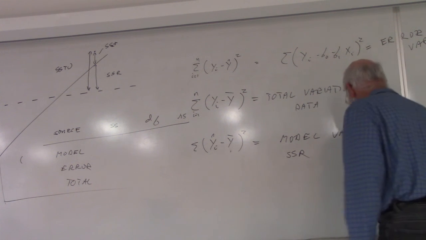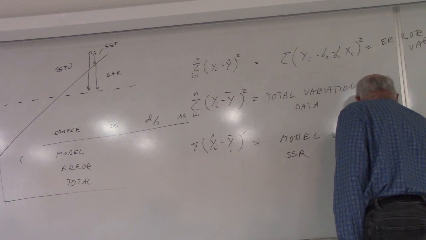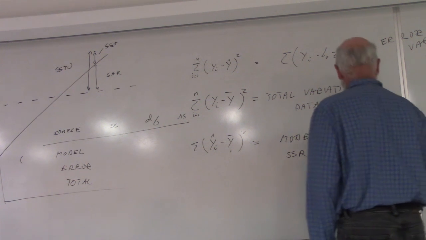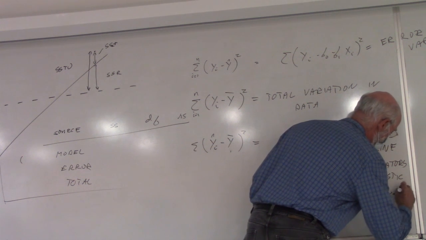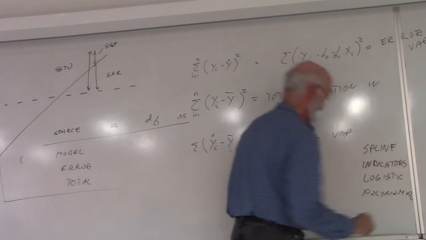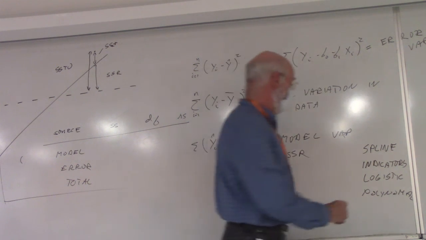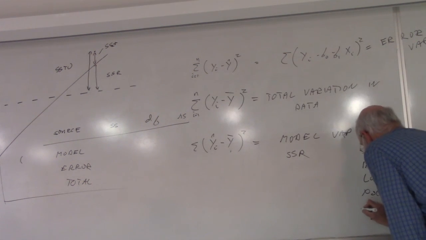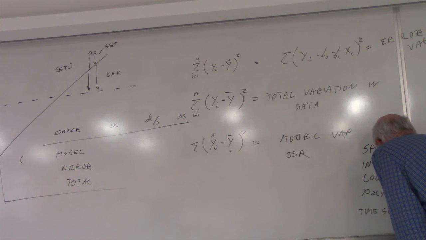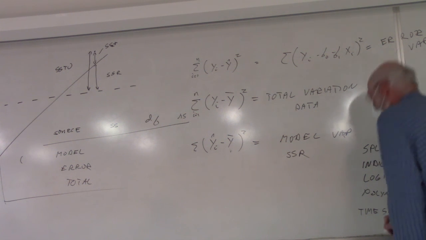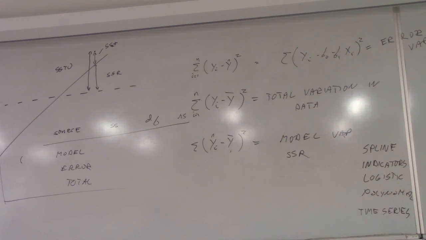We're going to do a logistic regression. We're going to do polynomial regression. And we're going to do a time series. And that's when we will look at the stock market. A time series is also referred to as autoregression. That's going to take us about 4 weeks to do.